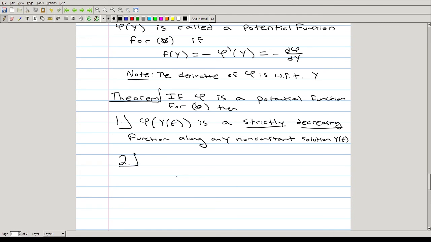Second thing that we can show is that y naught is an equilibrium point of the differential equation if and only if, sometimes abbreviated as IFF in mathematics texts, the derivative of phi at y naught is equal to 0.